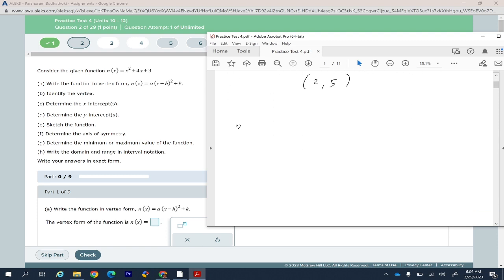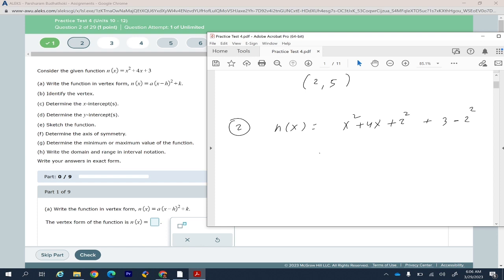Question number 2. So you have n(x) = x^2 + 4x + 3. Write this 3 somewhere a little bit far. We have to complete the square by adding the square of half of this number, which is 2 squared. But you cannot just add some number randomly, so you also have to balance it by subtracting the very same number.